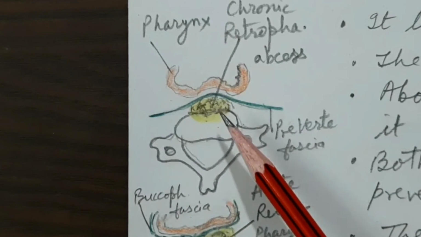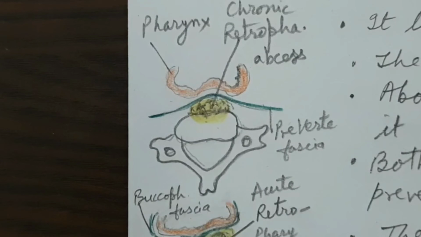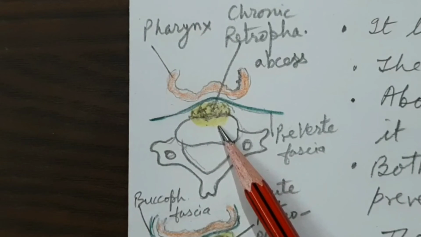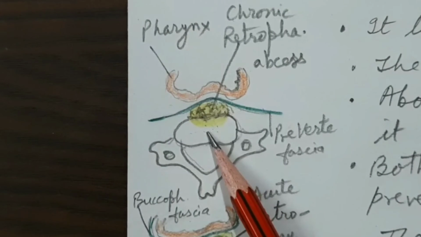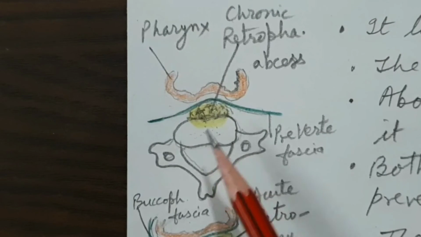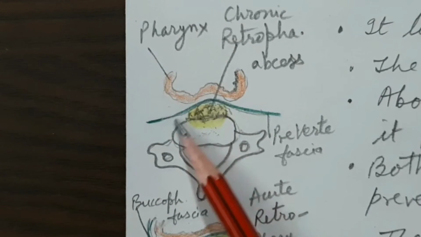Now, what is the reason for this chronic retropharyngeal abscess? Chronic means it is there since a long time, and this is usually due to the infection of the vertebral bodies, especially the cervical region of the vertebral bodies, where it is infected with TB, tuberculosis. You must have heard the name TB infection, or disease.